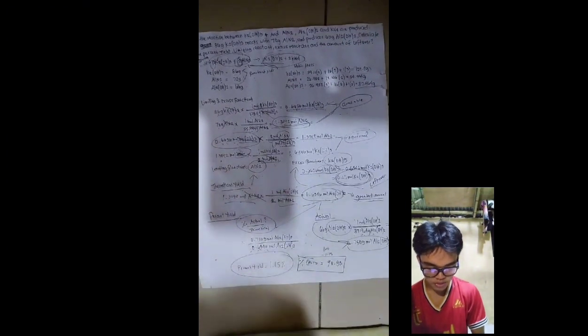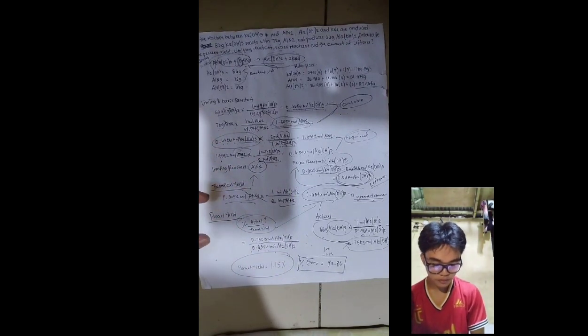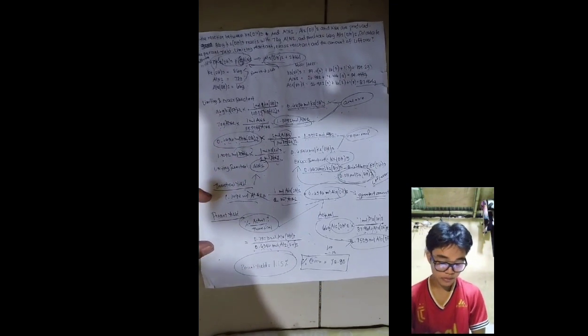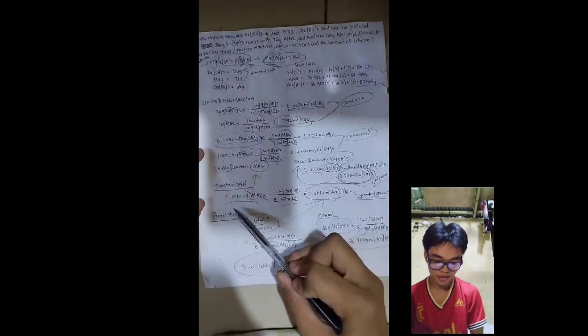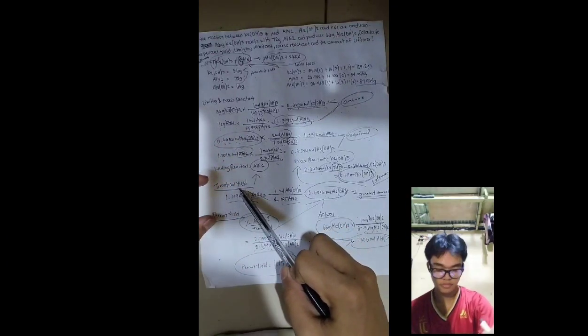Now, how to solve? We're going now to solve our theoretical yield. Where do we get this? Theoretical yield focuses on our limiting reactant.